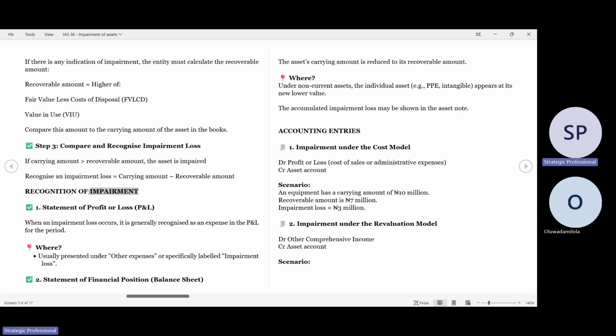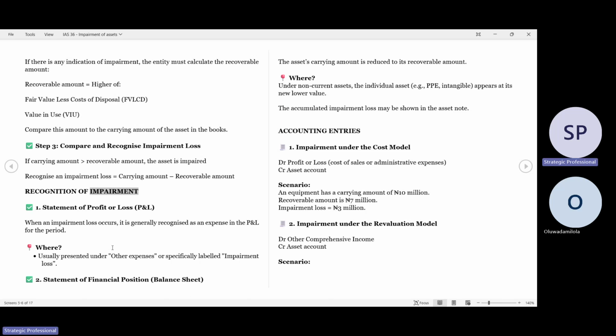So, recognition of impairment. How do you recognize impairment? Recognize impairment in the statement of profit or loss, also known as your income statement, and in the balance sheet, also known as your statement of financial position. Now, you might be wondering, how do you recognize it in the statement of profit or loss?